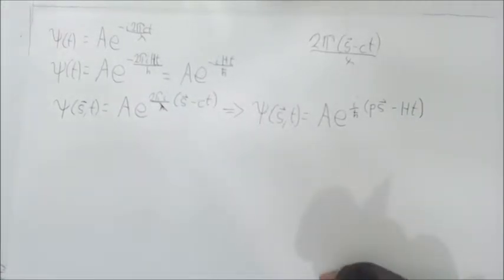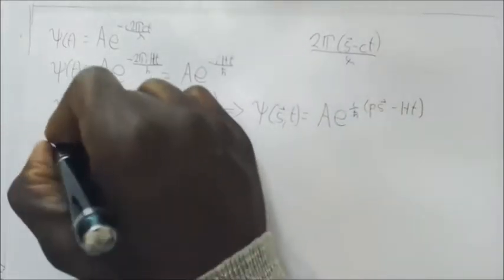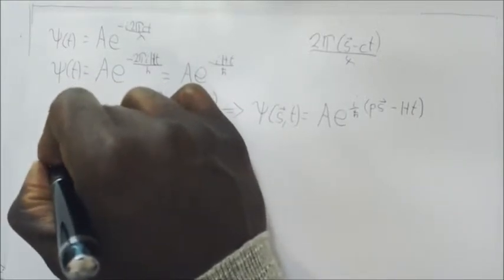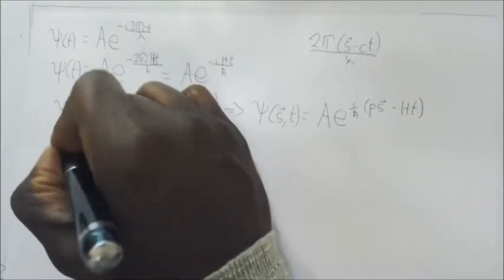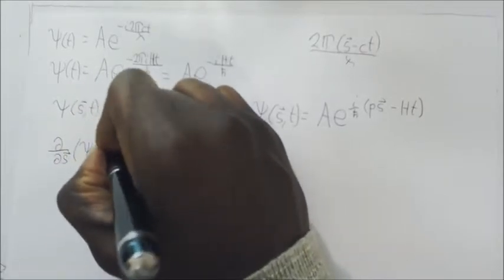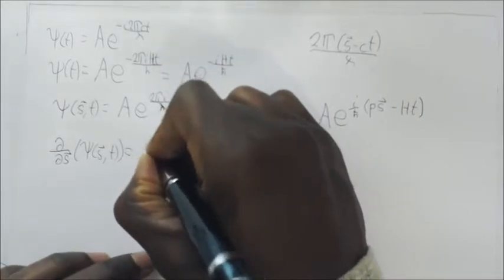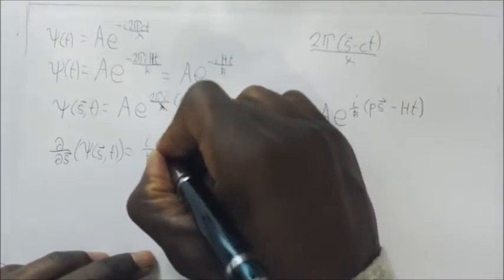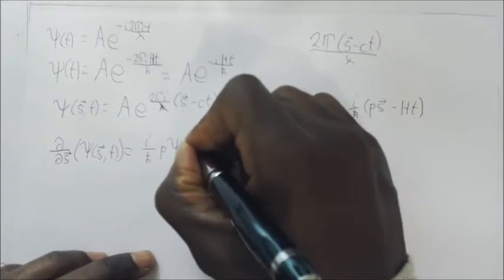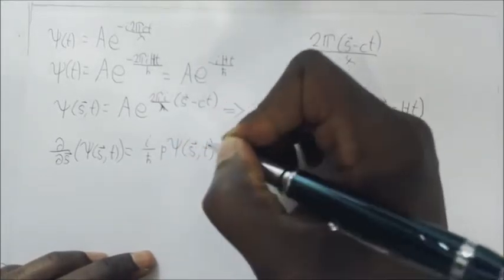Now if we take the derivative of this wave function with respect to position, we're going to get partial d over ds of psi of s comma t is equal to i over h bar p psi of s comma t.